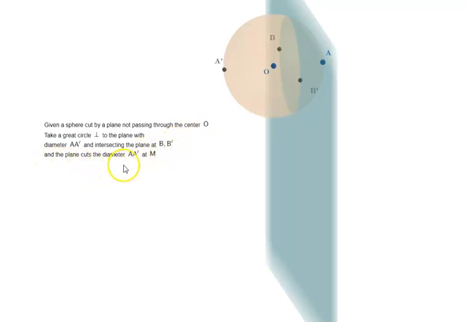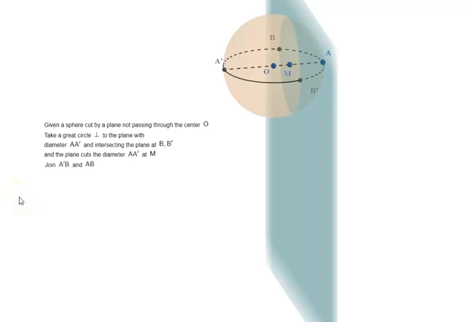And the plane cuts the diameter AA' at M. So AA' is the diameter of the great circle. The plane intersects this great circle at BB', and the plane also intersects the diameter AA' at M.